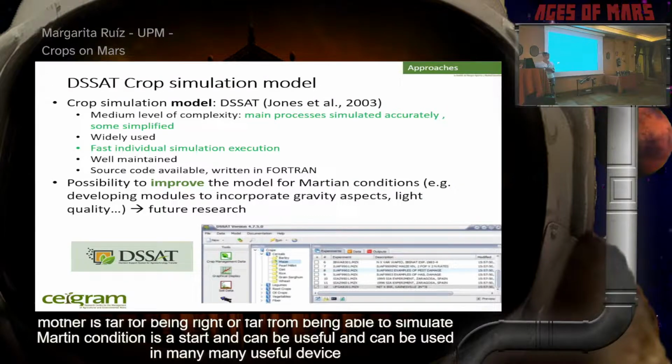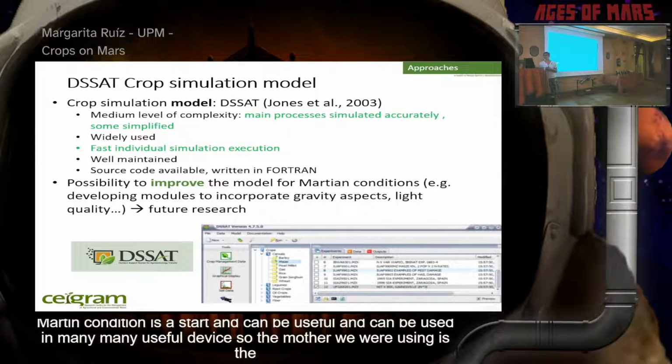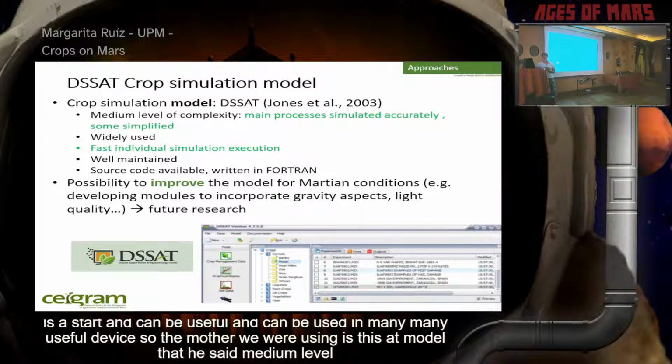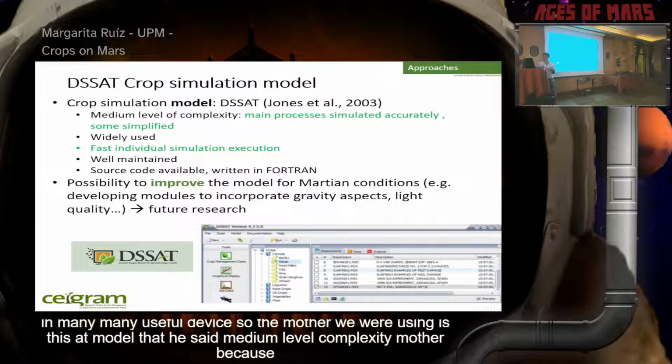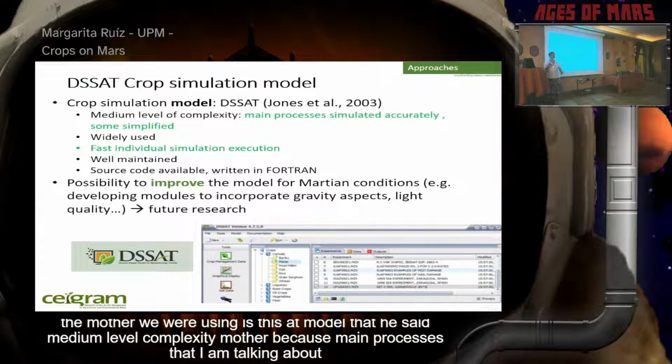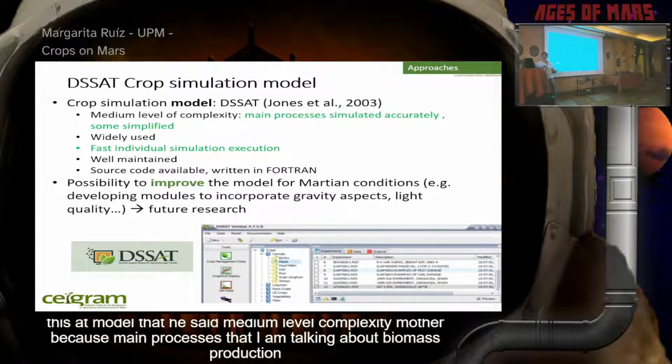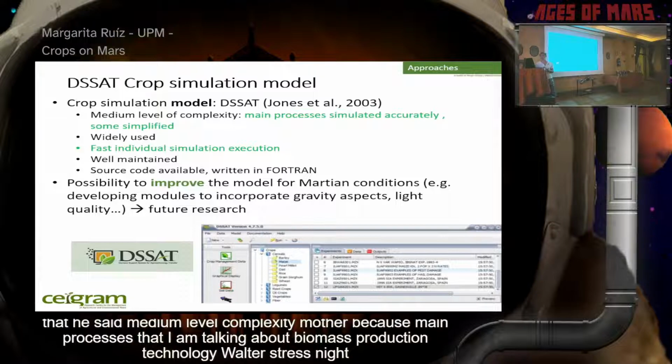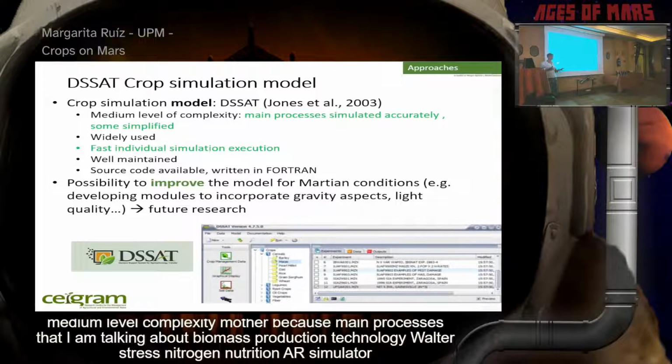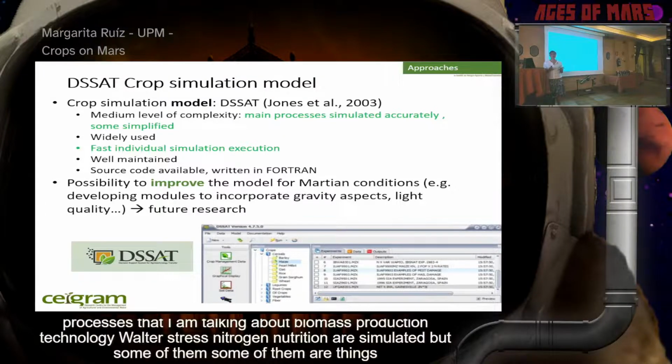So the model we will be using is the DSSAT model, which is a medium-level complexity model, because the main processes I'm talking about, biomass production, phenology, water stress, and nitrogen nutrition, are simulated accurately, but some of them are simplified.